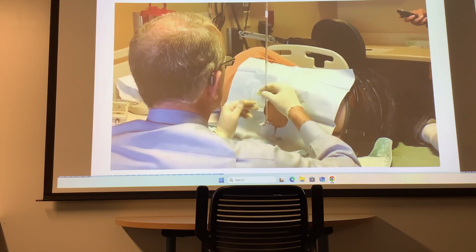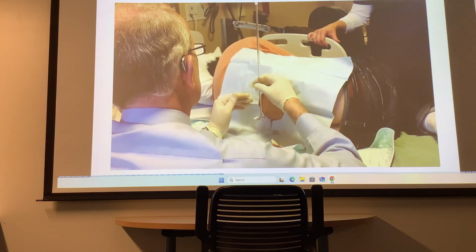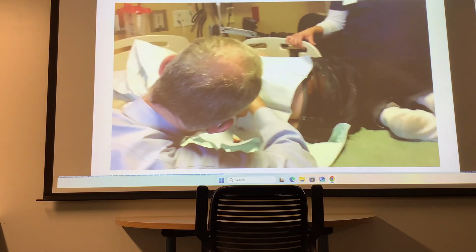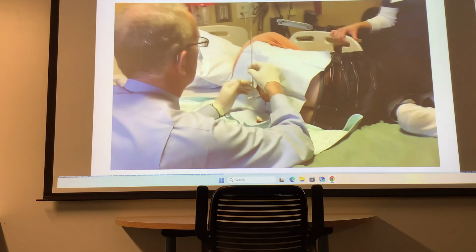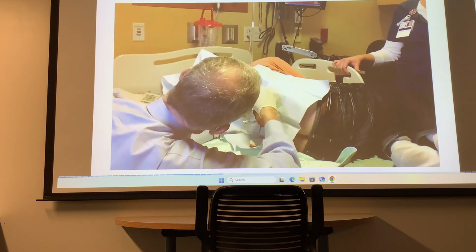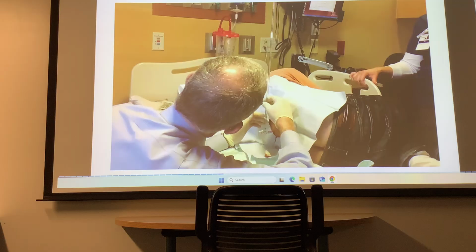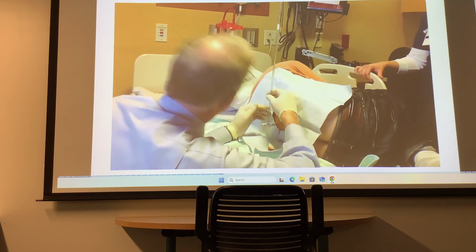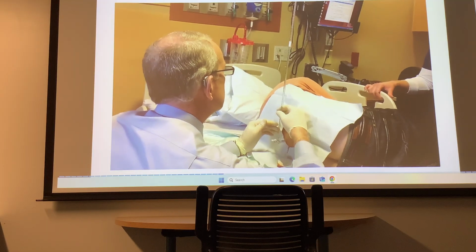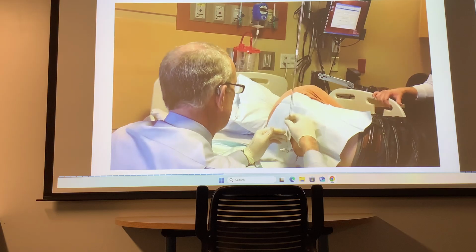We want them in that position initially so the physician can get through to the spinal space, because it opens up the vertebrae. But once he's in there, moving his knees down will decrease that pressure. He's also going to ask him to stop engaging his core and flexing the stomach. Both of those increase pressure in the spinal space. So having him completely relax and move his knees down a little bit will get a more accurate pressure reading.